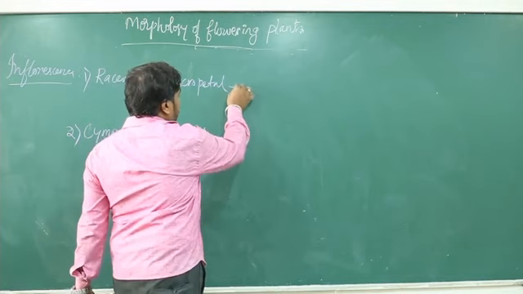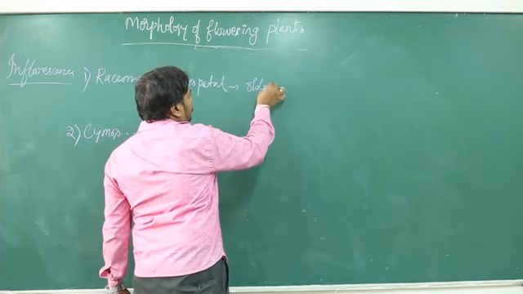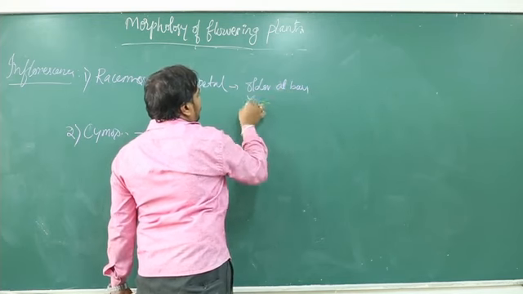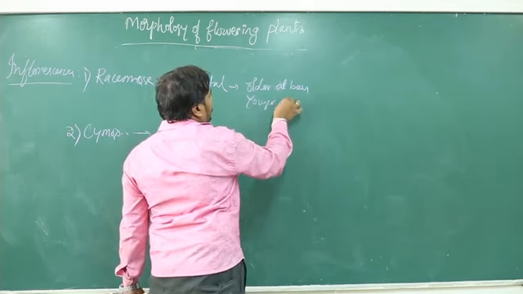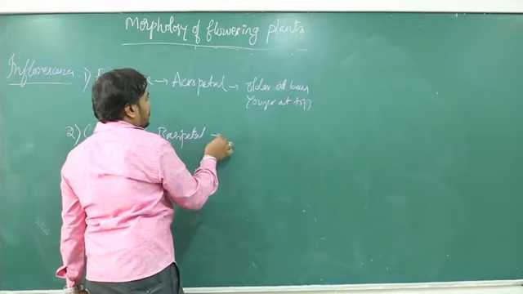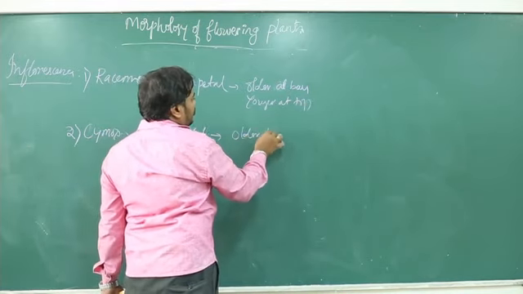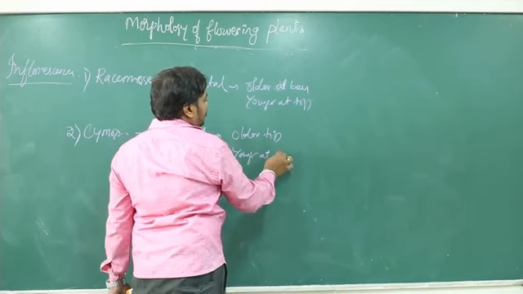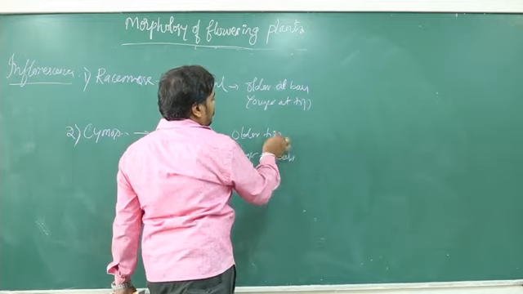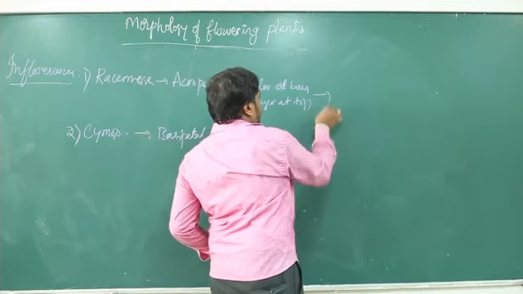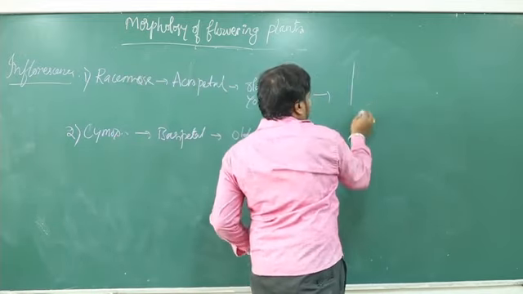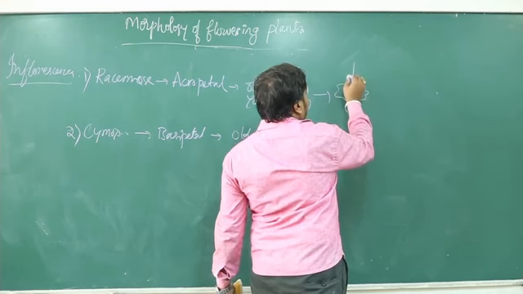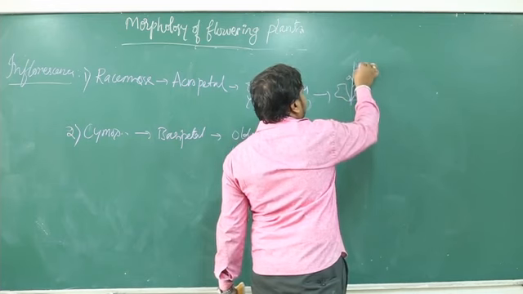So what is acropetal succession? Older at the base, younger at the tip. Whereas in basipetal, older at the tip, younger at the base. Let me represent it by a diagram. In the long axis that can grow continuously, older flowers are present at the base and buds are present at the tip.